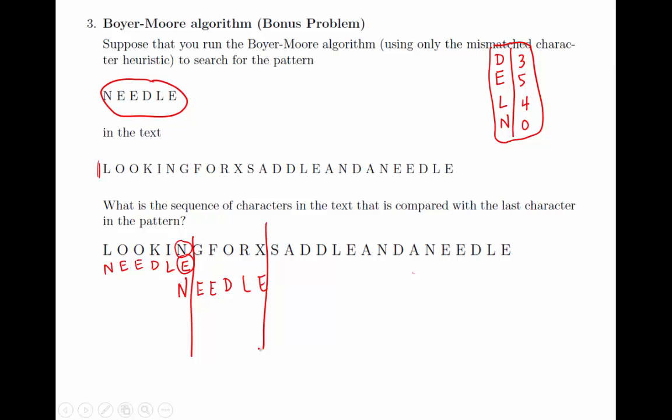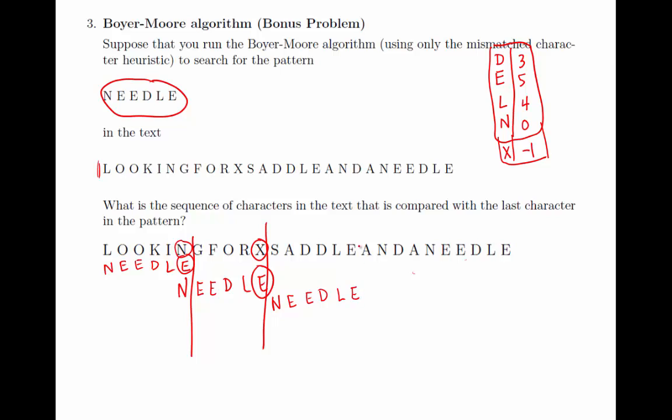Now at this point, we compare X and E. Boyer-Moore, as you recall, goes from right to left to save a lot of comparisons. Because X is not in the table, in fact, because this table is made for the whole alphabet, if X is not there, then it'll be -1. This means you are able to make the full jump to skip all the other characters.